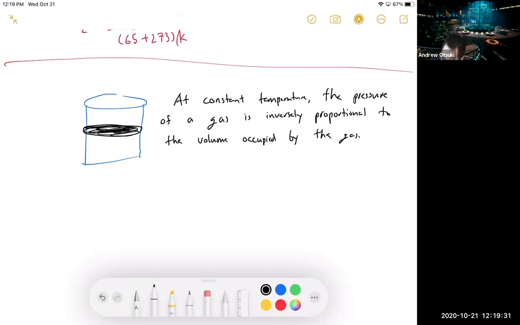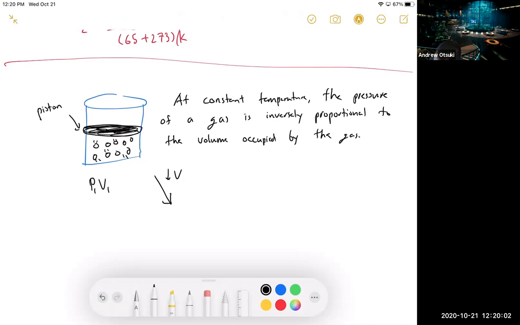Say this is a piston, a metal piston, and here are my gas particles moving about. This will have a pressure and volume associated with it, P1, V1. Now say I decrease the volume.